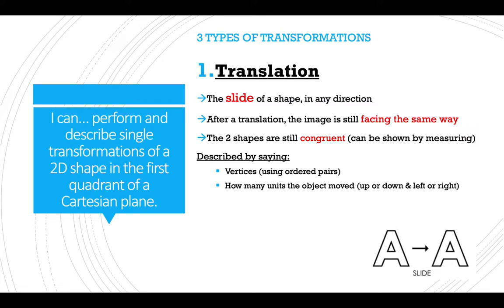The next thing you need to describe is how many units the object moved, either up, down, left, or right. It could have done both too. It could have moved right 2, up 1, maybe. So there could be a couple of movements within it. How many units did the object move?